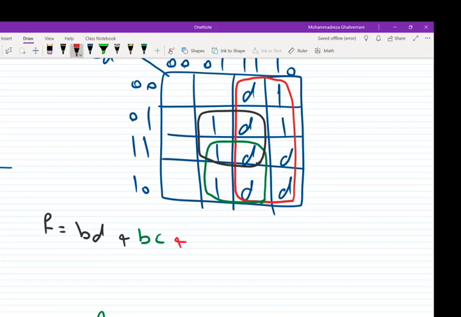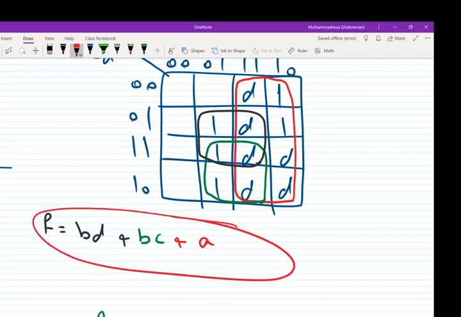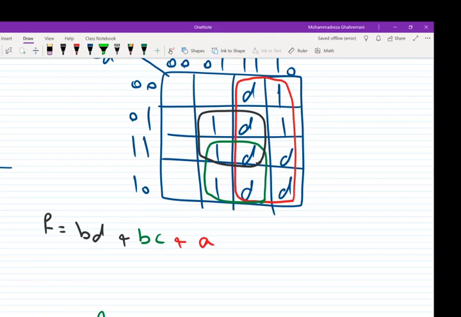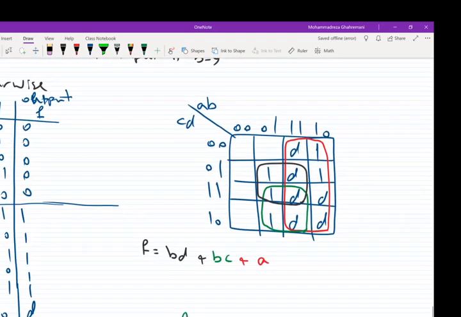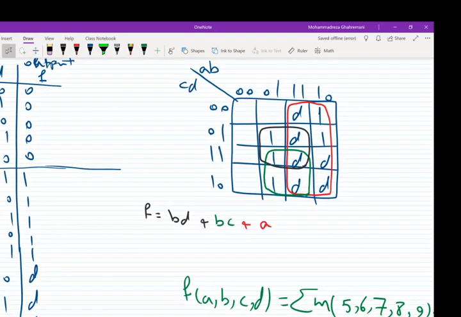For the red one, if you look, we see that A is 1, B is changing, so we have A, C and D is changing, so no C, no D, and this is the final answer. So this one is the simplest possible circuit to implement this function.